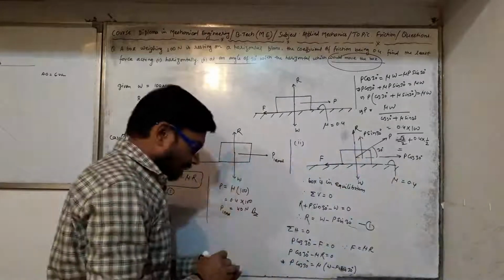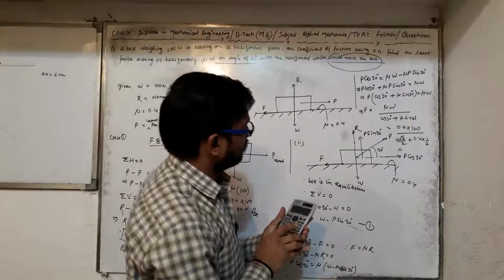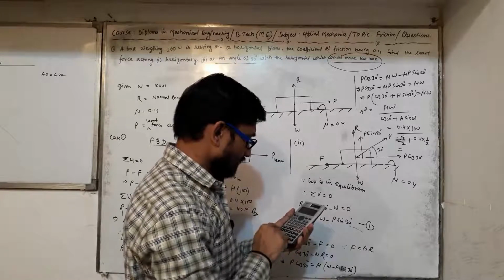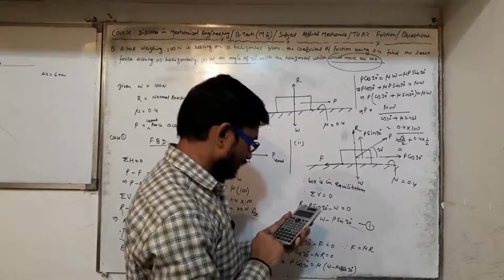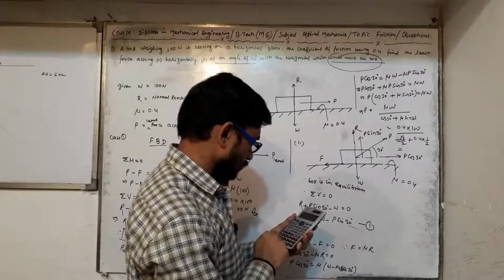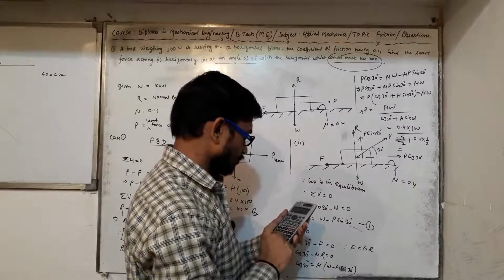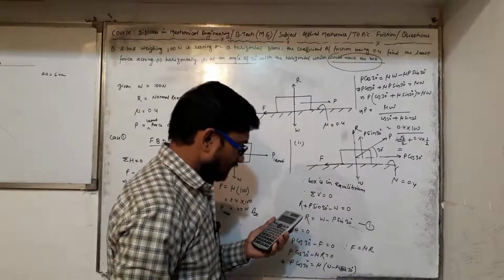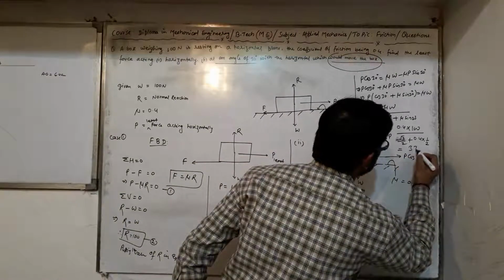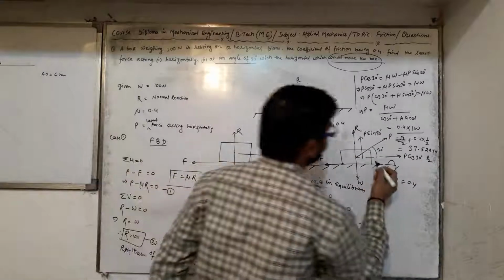If I am calculating, 0.4 into 100 is 40, and cos 30 plus 0.4 times one half, that is 0.2. So I am getting 37.5225 Newton. This is the minimum force required.